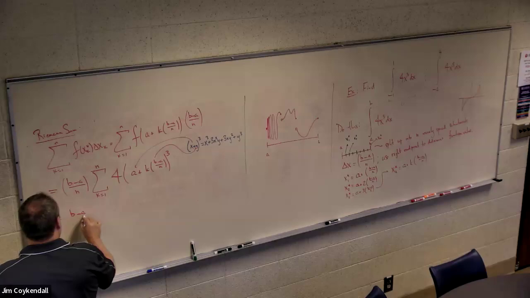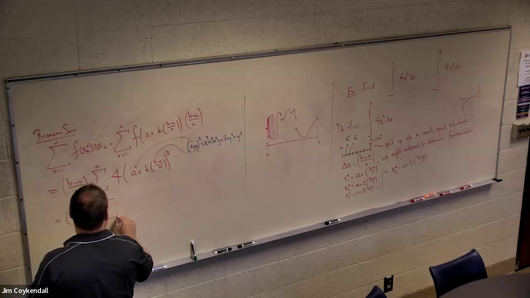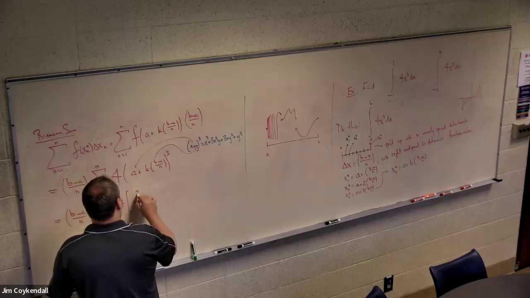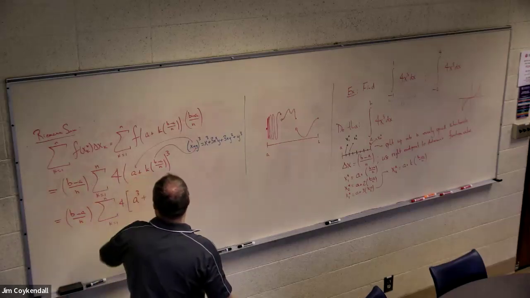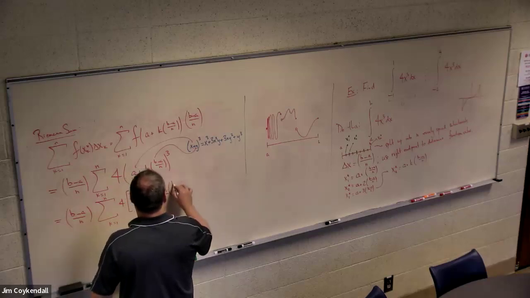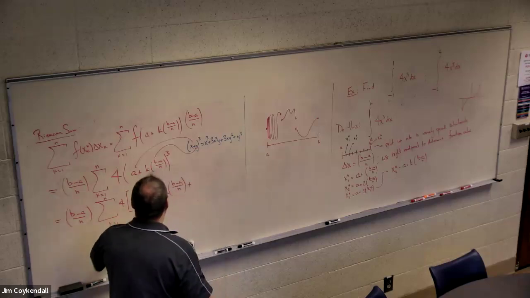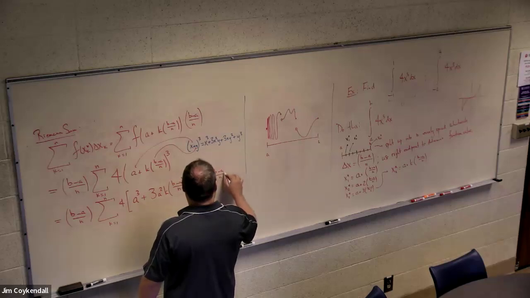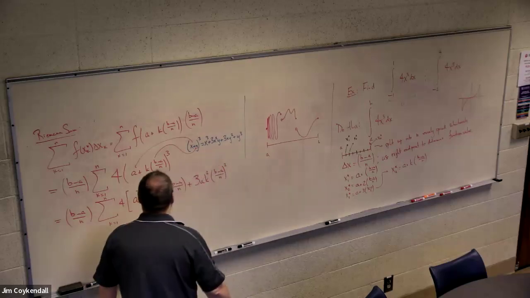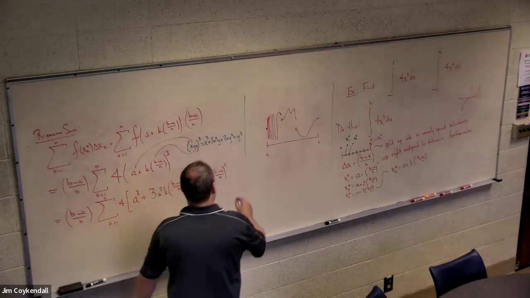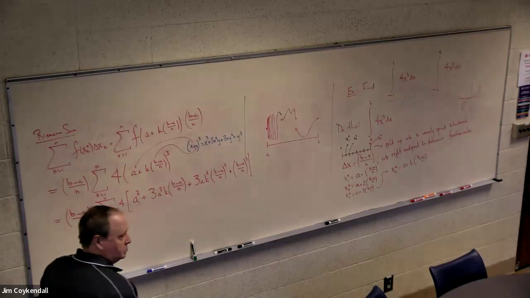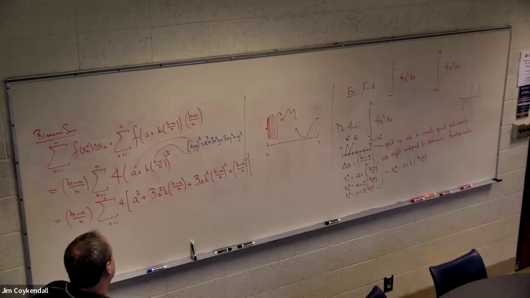So this is (b minus a) over n times the sum of 4 times: well, I'm going to cube this. a cubed, plus a squared times 3 times this, plus 3a times that squared, and finally that cubed.